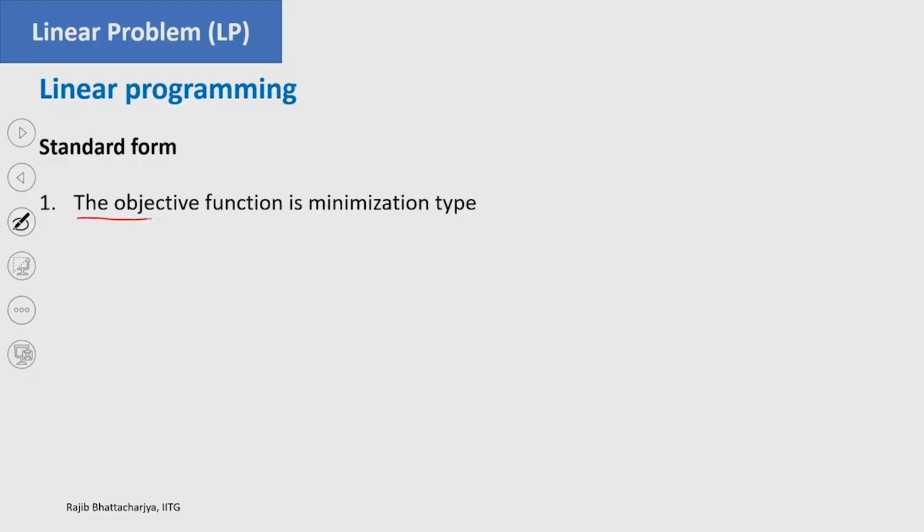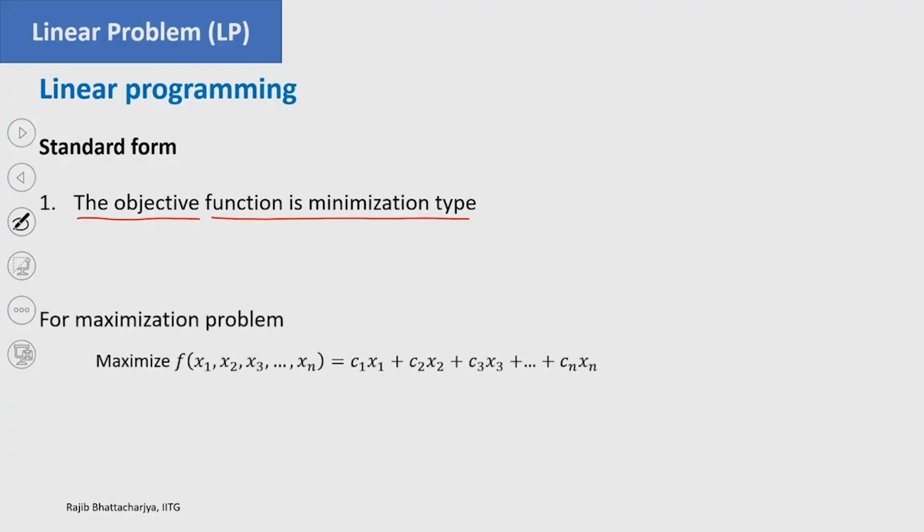So, the first condition is that the objective function should be of minimization type. Now, what will you do? Suppose your problem is a maximization type problem, that is, maximize C1x1 + C2x2 + C3x3 + ... + Cnxn. You have to convert your objective function to a minimization type function.